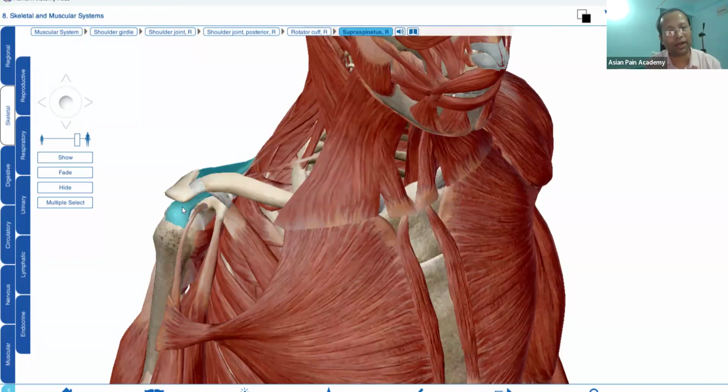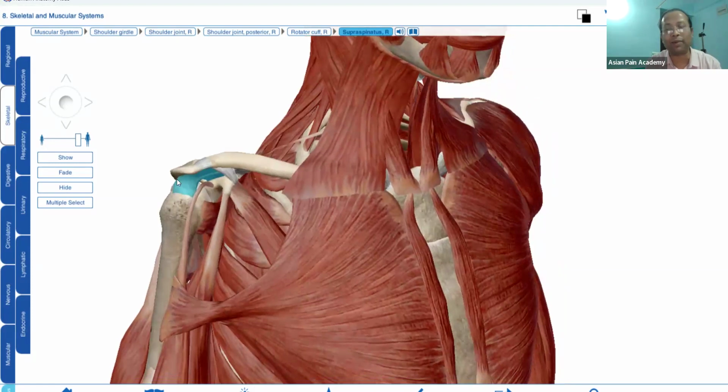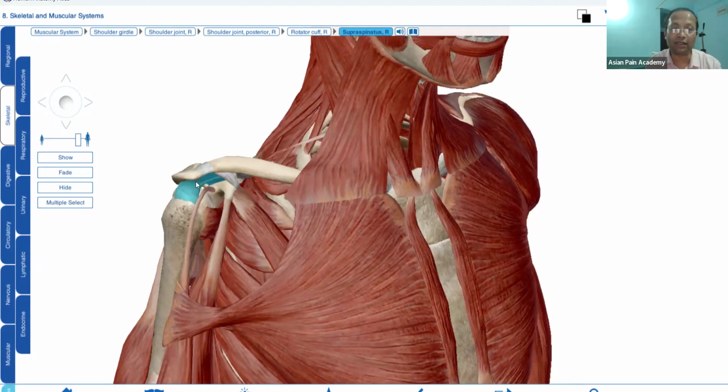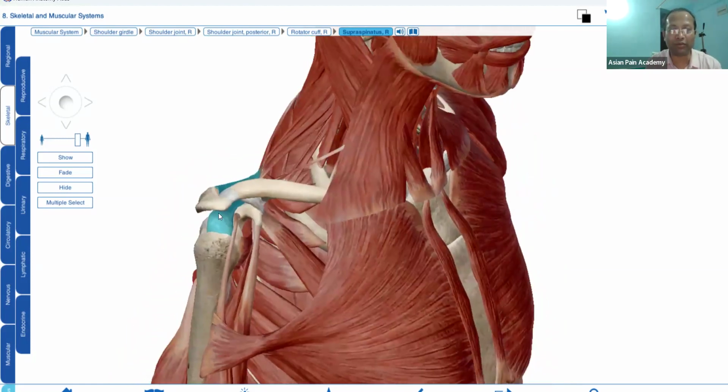And so there is always a bursa, and that we call the subacromial subdeltoid bursa. Now, why is the name subacromial and subdeltoid bursa? Because it is partly under the acromion bone and partly under the deltoid. So in this area where the bone is not there, you can understand this is the second layer.